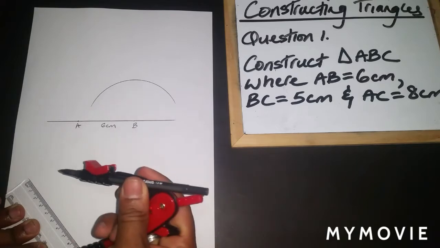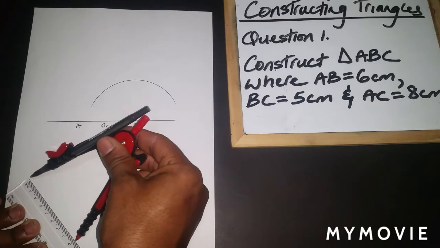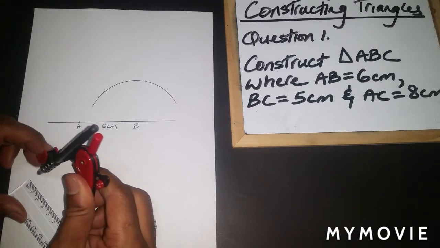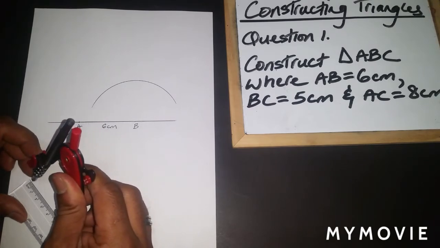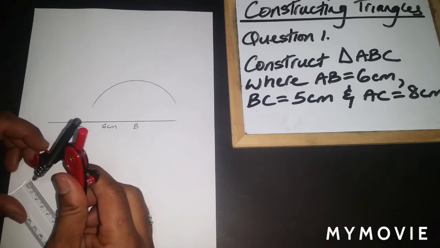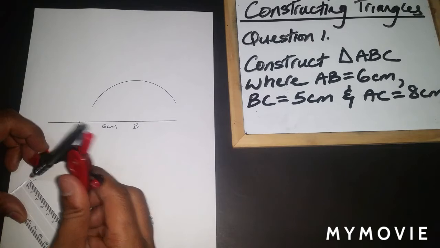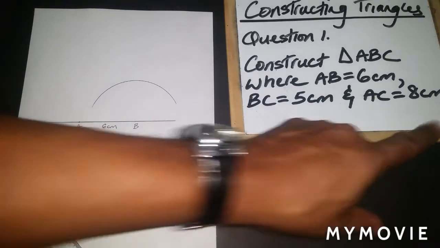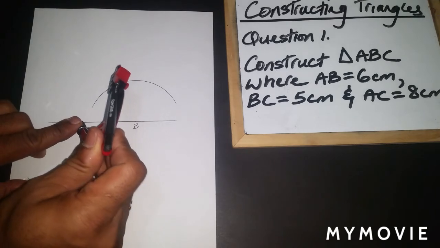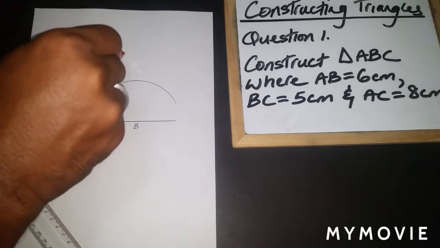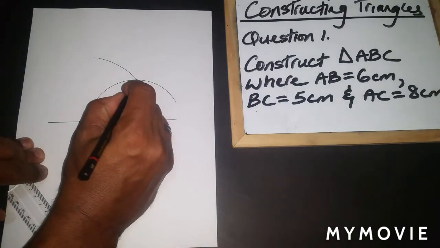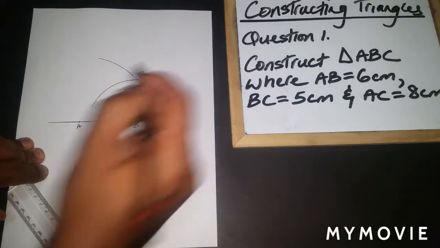So here I am measuring the length of 8 centimeters on the ruler, and that is indicated here. Because it says AC 8 centimeters, I'm going to put the compass point at vertex A, and I'm simply going to swing an arc. Now, where both arcs intersect each other, that is going to be C.